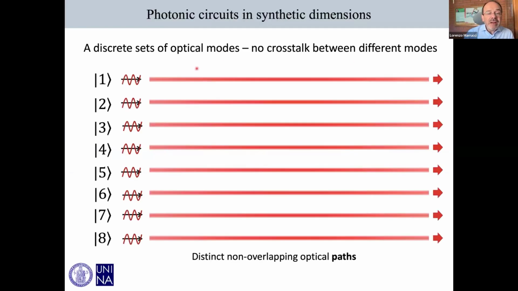So in general, you don't need to have optical paths, which is of course the most straightforward approach to having a discrete set of non-overlapping modes, orthogonal modes if you want. The advantage of having orthogonal, non-overlapping modes is having no crosstalk, unless you want the two modes to talk to each other.